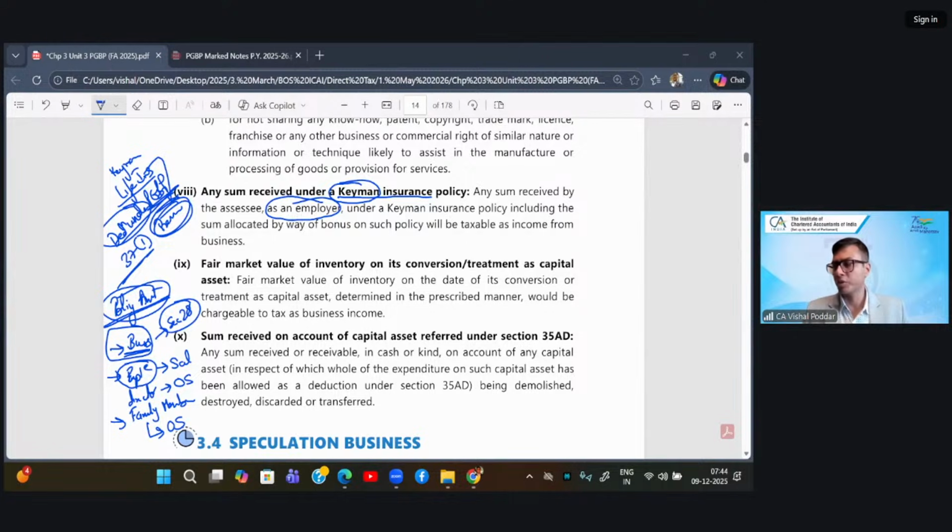CSR is exclusively as per the specific provisions of the Companies Act. So any donation to any charitable institution will not fall under CSR. Second point, whether it will be allowed under PGBP, the answer is very clear, no, because whoever you have made the donation to, it is not a business expense unless it is a specific donation under Section 35, it will not be allowed.